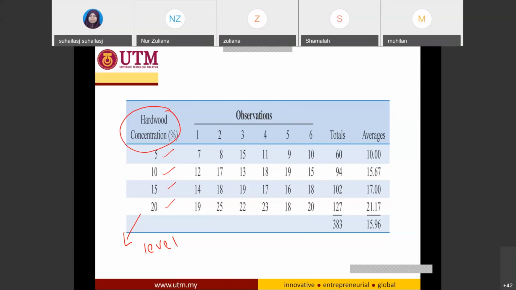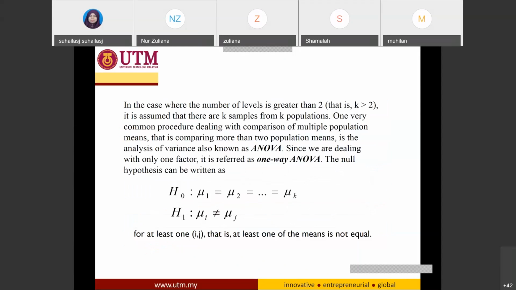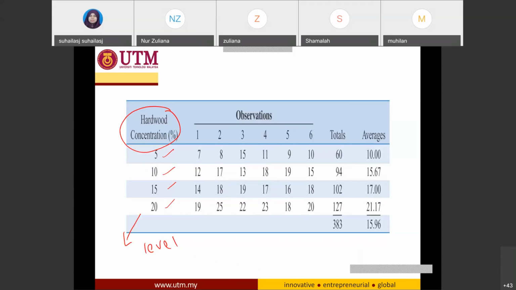When we have a single factor, this is called one-way ANOVA, or one-way analysis of variance.